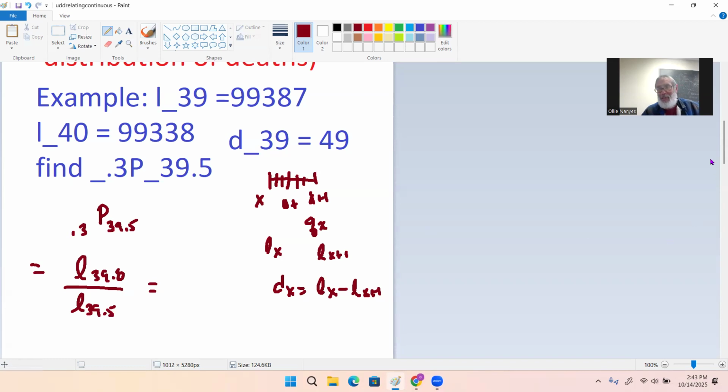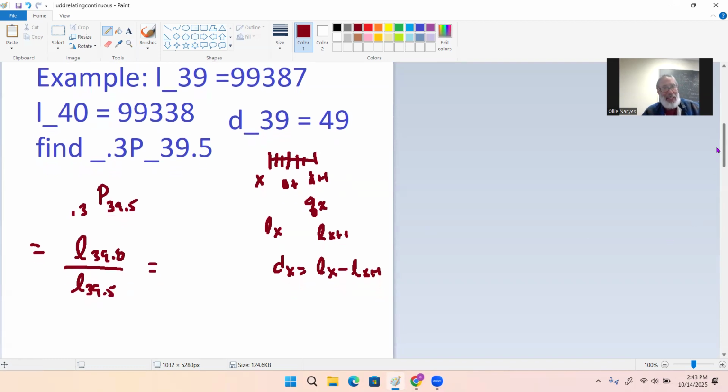But using the data that I have in this simplified example, and what I did is I went to the table at the back of the book and just threw away the decimals, this will be lives at 39. Now this is 0.8. That means the number of deaths that occur from 39 to 39.8 will be 0.8 times the total number of deaths that occur in the 39th year.